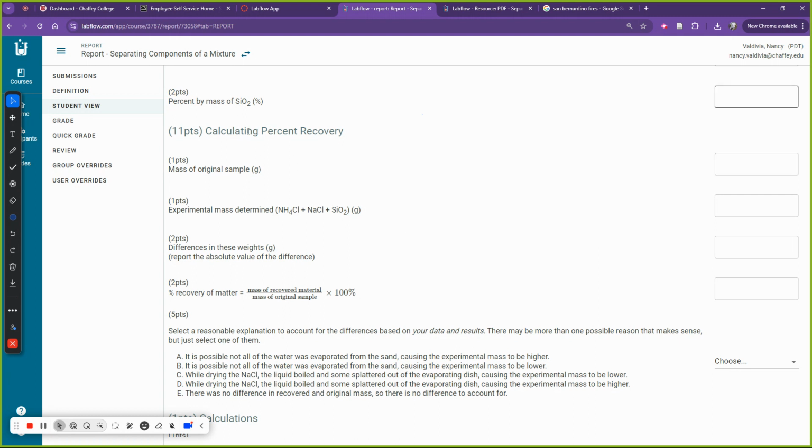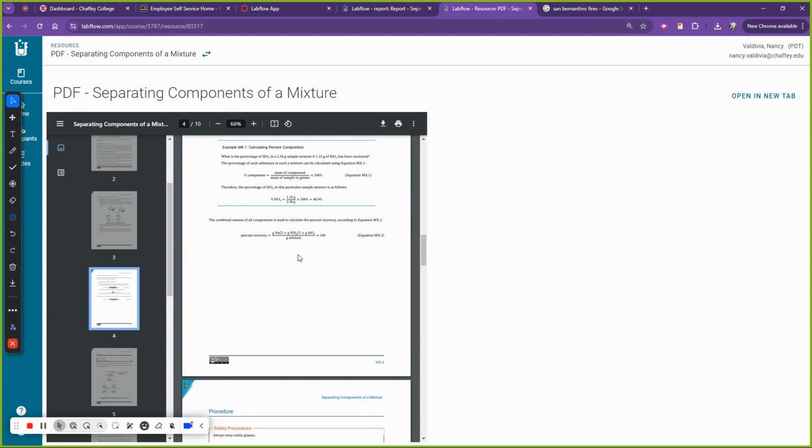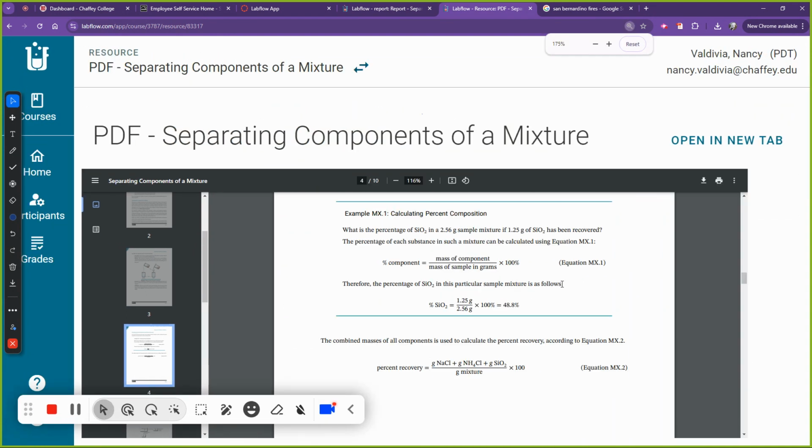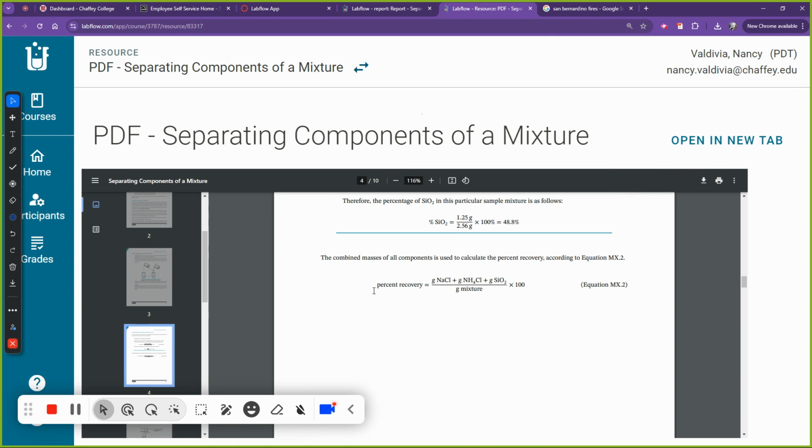Now we're going to move on to calculating the percent recovery. When we need help with these, our PDF actually provides very good information. I kind of wish it would just put it on a whole screen. But if we want to know the percent recovery, we take all the individual masses that we just found, add them together, and divide by the mass of the original sample times 100.